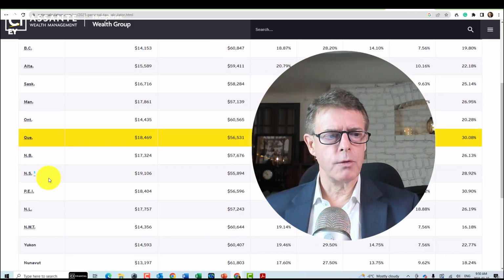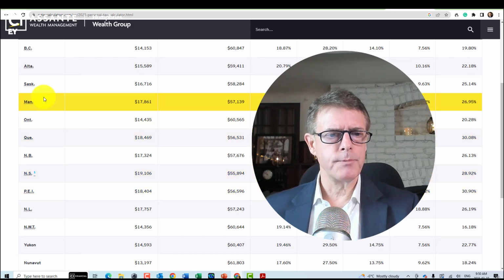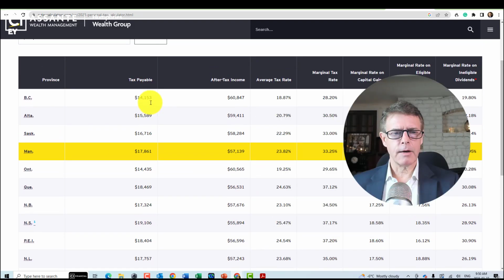And if I go down to where I reside, which is Manitoba, you can see that the overall tax bill on $75,000 is $17,861. The after-tax income is $57,139, and the effective tax rate is 23.82%, or basically 24%.